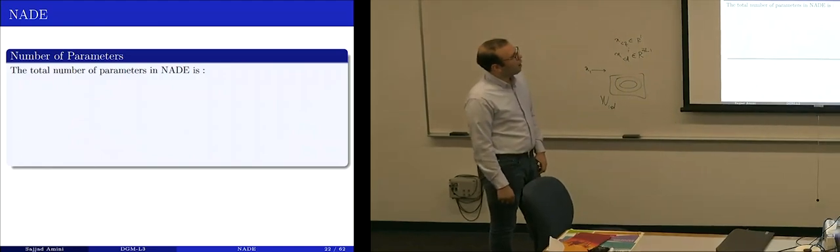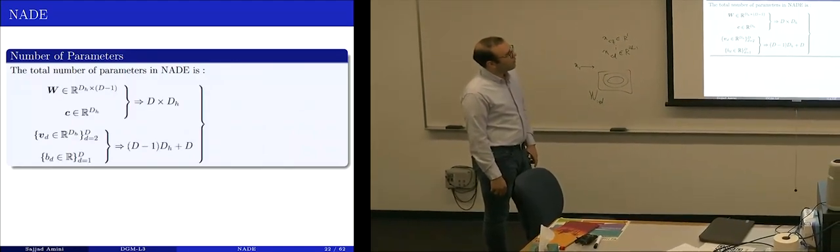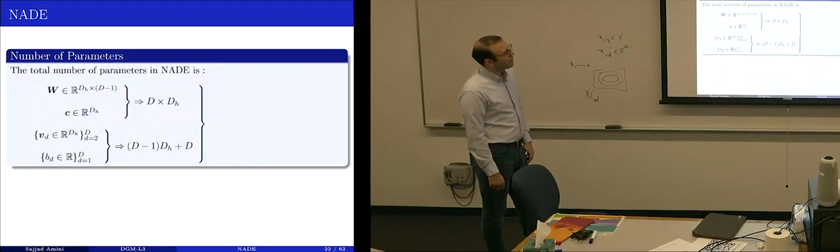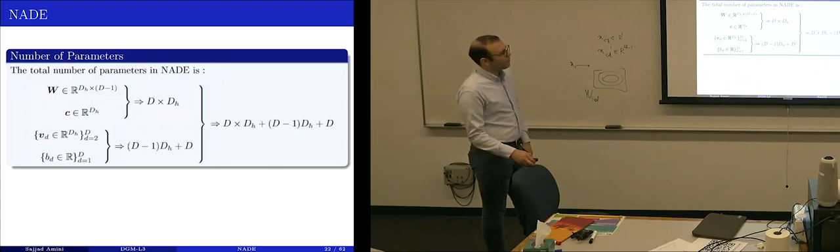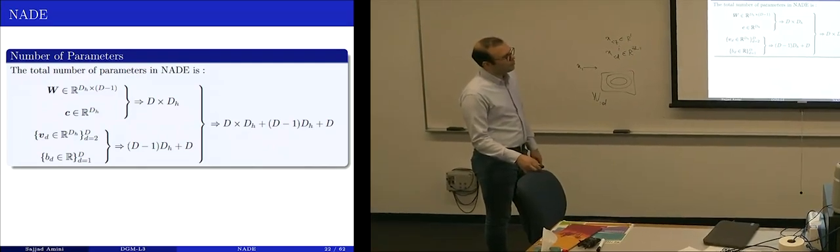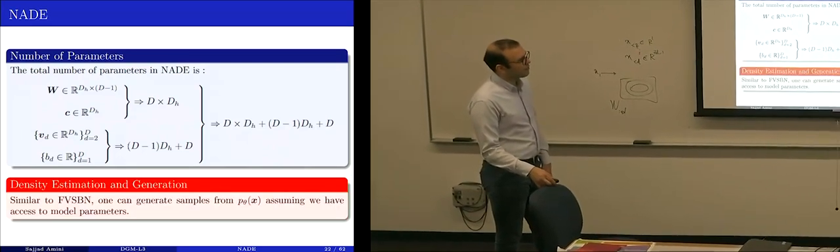Okay. And the number of parameters for NADE is here. Maybe just to have a comparison with fully visible sigmoid belief networks. If you do not share the weights, you will see that you have many more parameters.